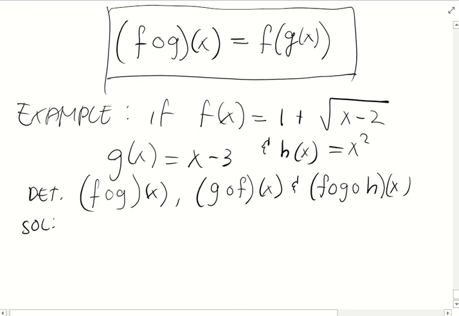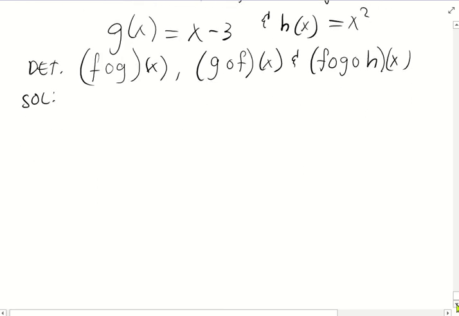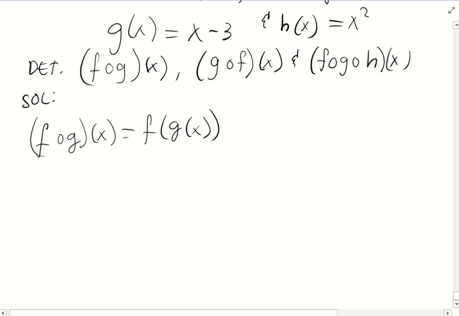So solution. For the first part, f composed of g. What is f composed of g of x? This is the same as f of g of x.